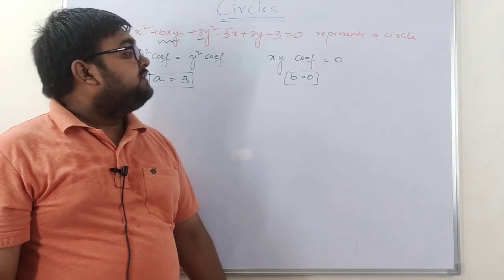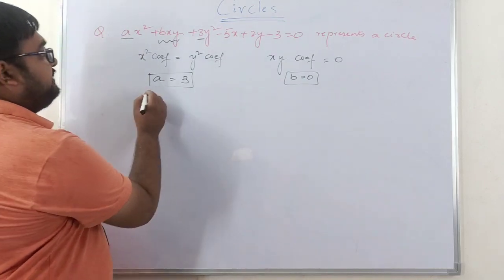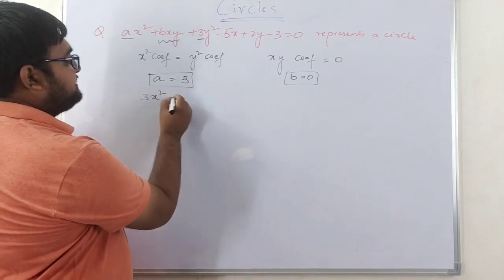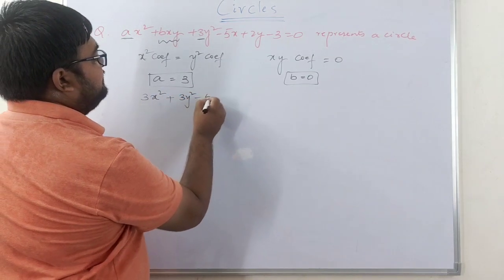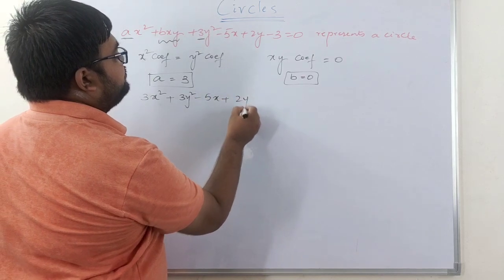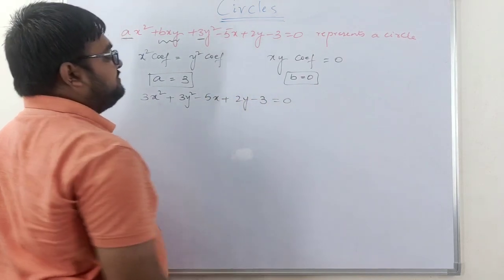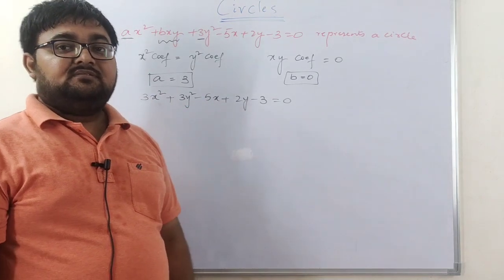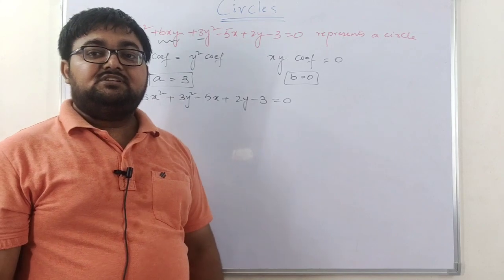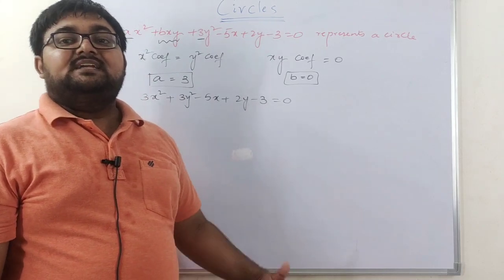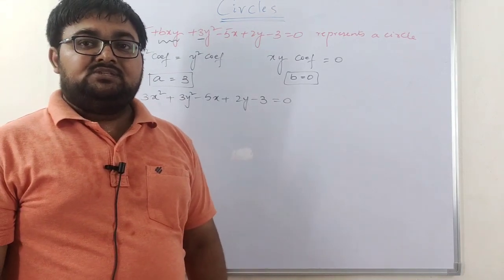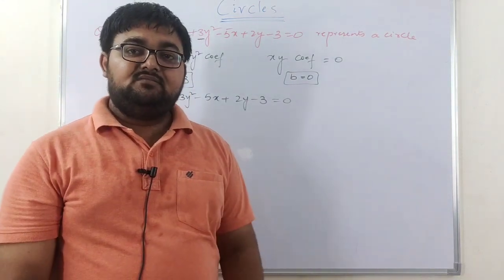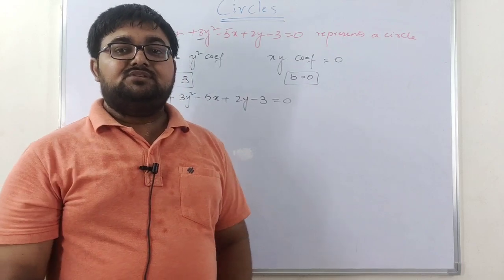The same way, now what will be the equation? The given equation is nothing but 3x square plus 3y square minus 5x plus 2y minus 3 is equal to 0. So this is my circle equation. Now from this circle equation I need to find out the center as well as the radius. Till now we have discussed that when the center and radius are given, you have found the equation of the circle.